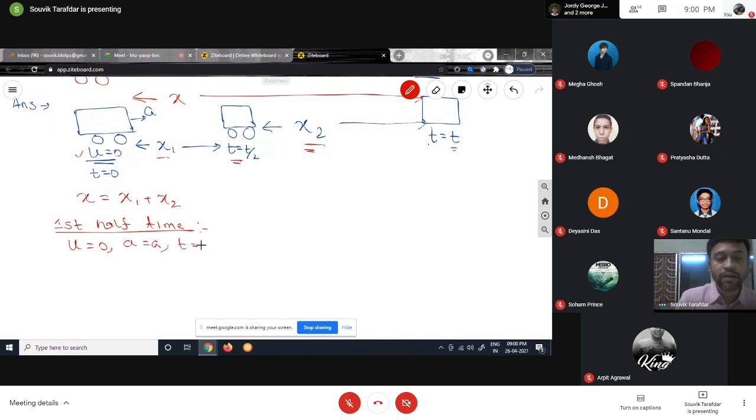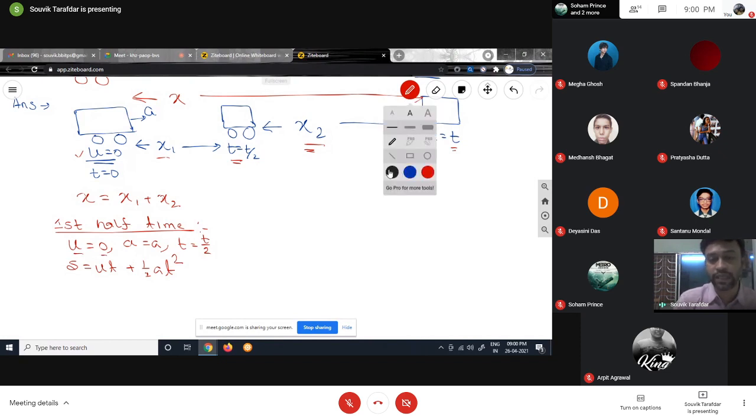For t by 2 time it actually moved. So if we use the formula S is equal to ut plus half a t square, the second formula of equation of motion. Now since u is equal to 0, this portion will be 0.